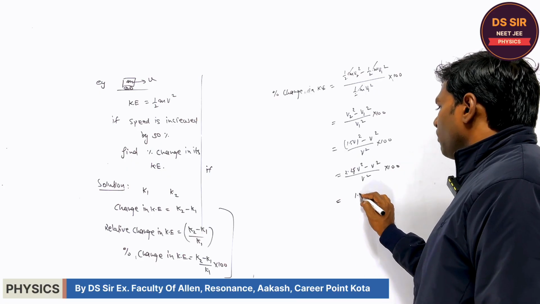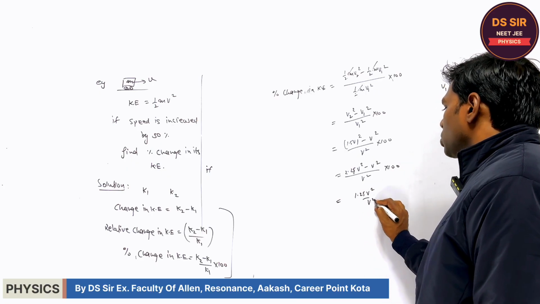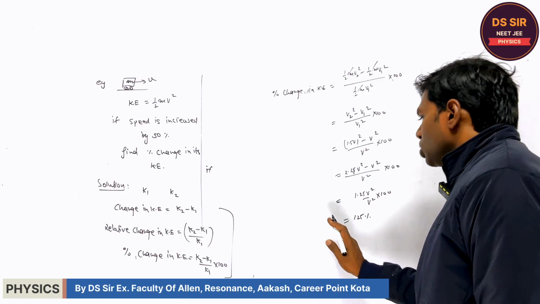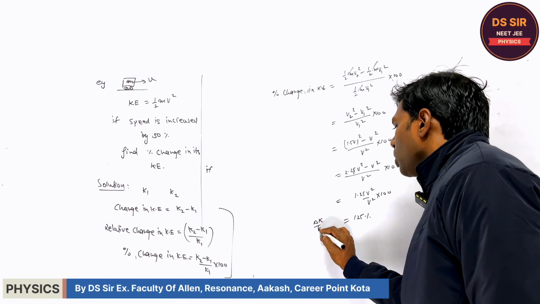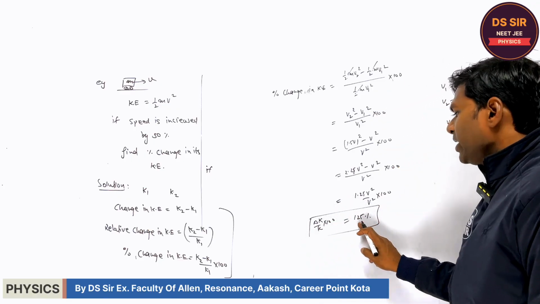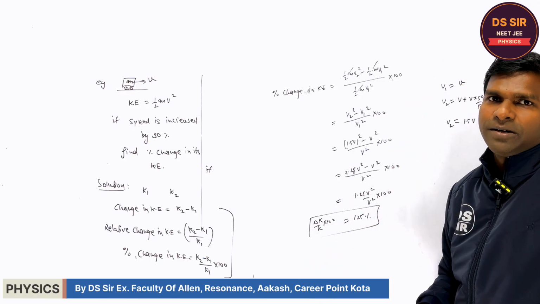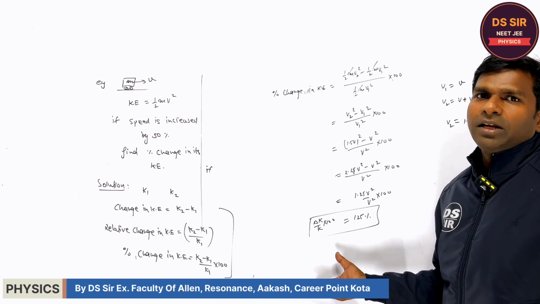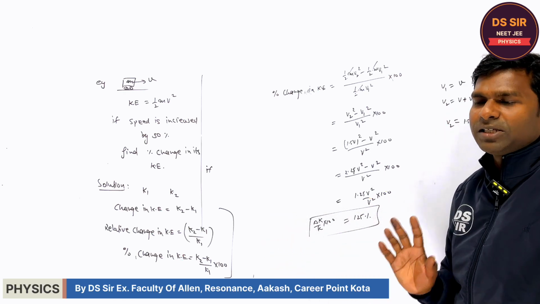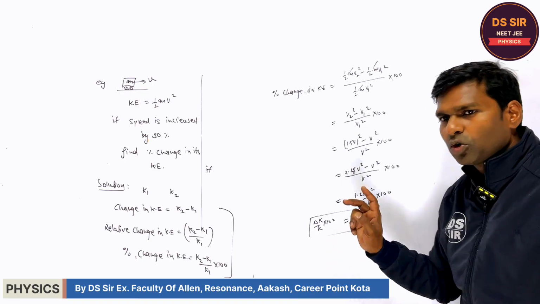It is equal to 1.25 v square upon v square into 100. So this is 125%. So delta K upon K into 100, the percentage change in the kinetic energy, is 125%. I think it should be very clear. It is very obvious. You understand this thing or not, Varsha? Please tell. Right, first copy this.